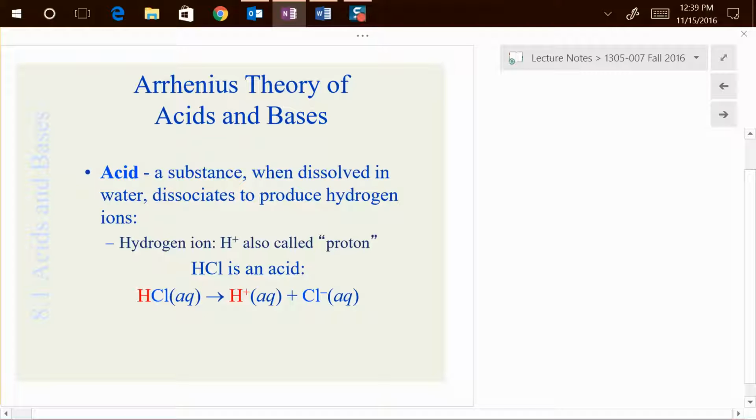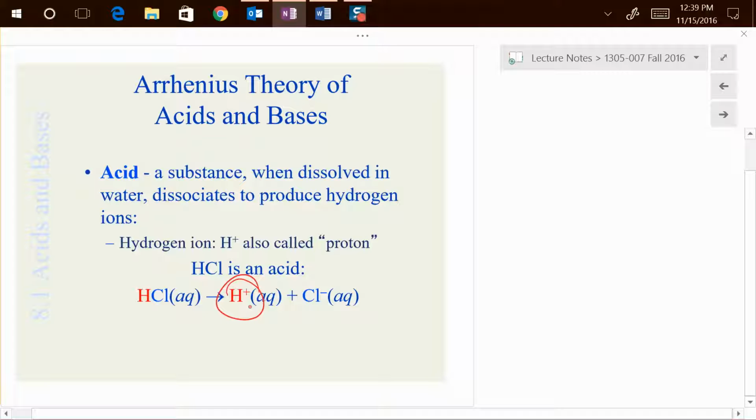So Arrhenius defined an acid to be a substance that dissociates to produce hydrogen. So here it is. It produces a hydrogen ion. This is hydrochloric acid. It will dissociate into H plus and Cl minus, and so therefore it produces H plus ion in solution.